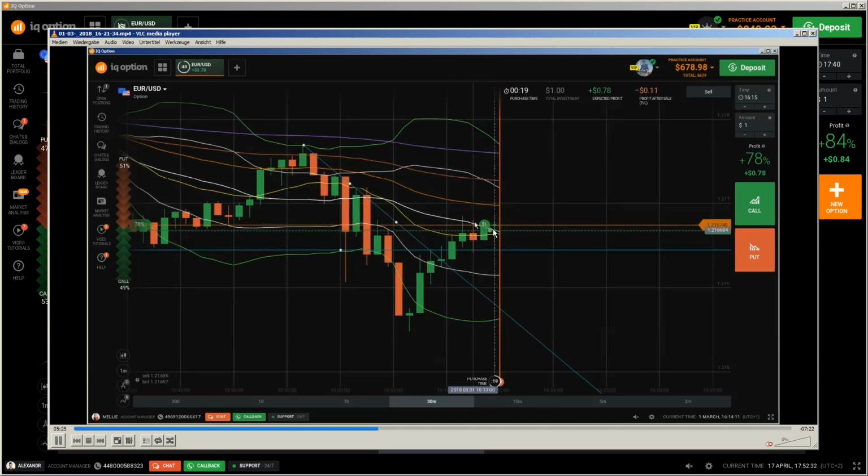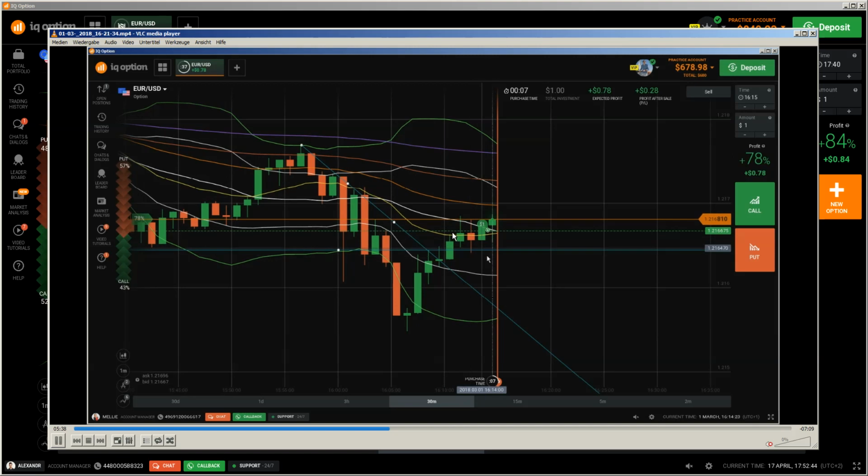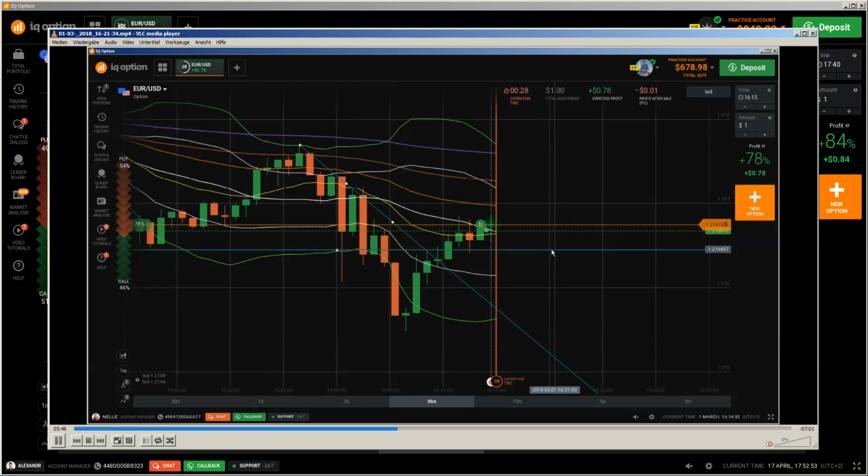The rejection went below, but this kind of trading setup, like I have explained, is a good continuation trading setup, because this area is acting like a support area, and that's the reason why price went above this level. That is how this works.